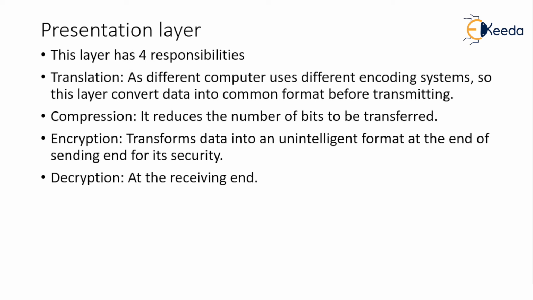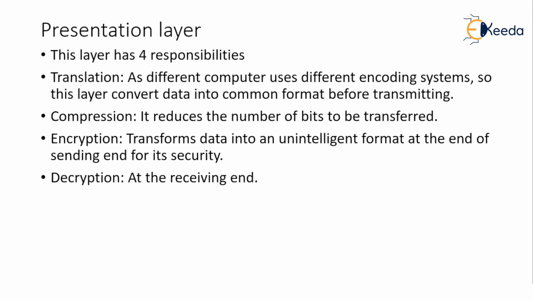Next is the presentation layer. Broadly, this layer has four responsibilities: translation, compression, encryption, and decryption. Translation is needed as different computers use different encoding systems. So this layer converts data into a common format before transmitting from one end to the other. Compression is nothing but it reduces the bit size of the data to be transferred.